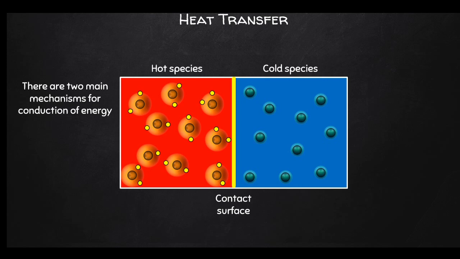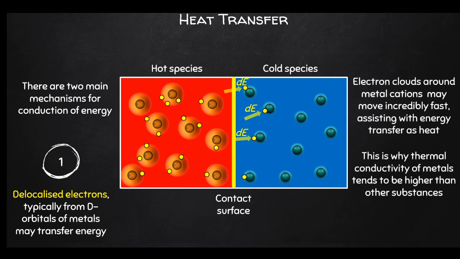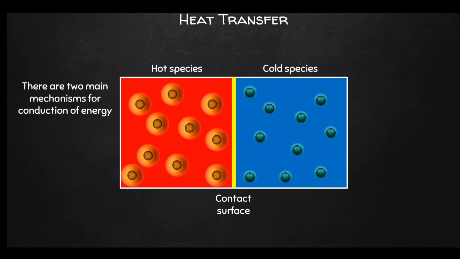This is usually the electrons present in d orbitals. Since valence electrons of metals are typically occupying d orbitals, the conductivity of energy through metallic materials tends to be far higher than that of non-metallic substances.